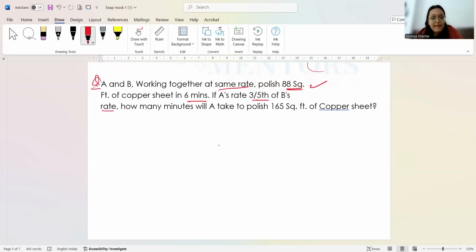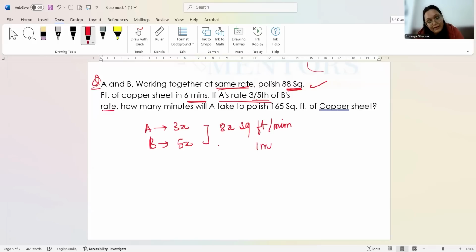A and B working together at the same rate polish 88 square feet of copper sheet in 6 minutes. If A's rate is 3/5 of B's rate, so what happens is, for example, let us suppose A's rate is 3x. So what will be B's rate? Because 3/5 of B is A, B will be 5x. So the total rate will be 8x square feet per minute.